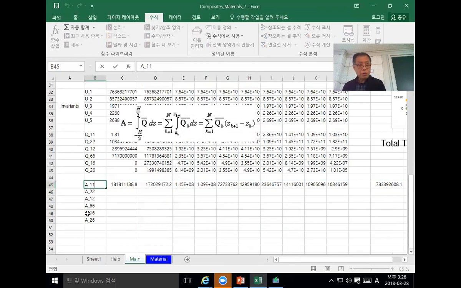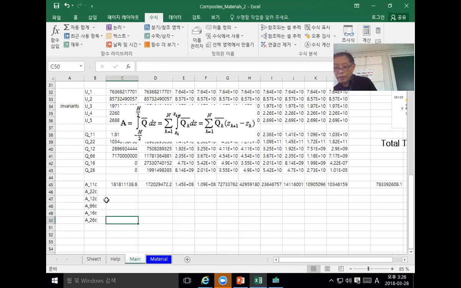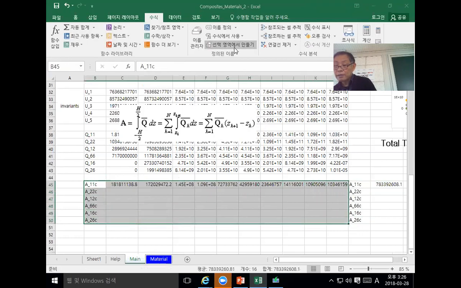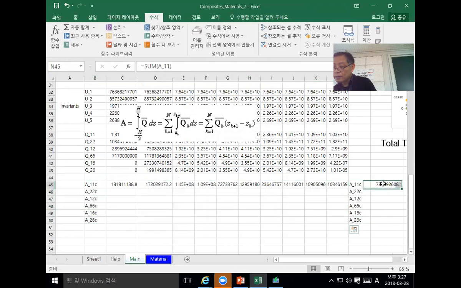Basically, this one is A11. I'd like to call this each component, not the A11, so I will just use a different symbol, A components. Component means this term, okay? And we need to sum them up. I will redefine this one like that, and now we do this.